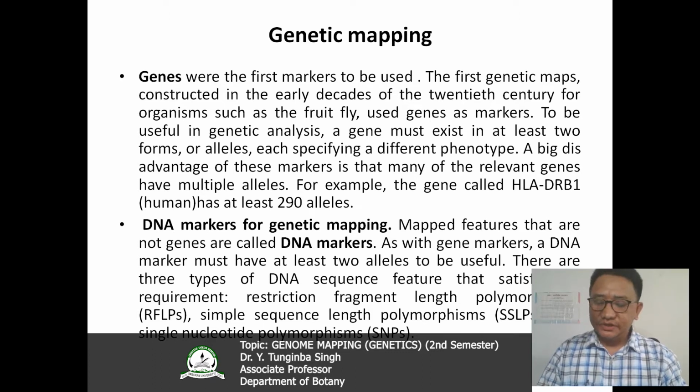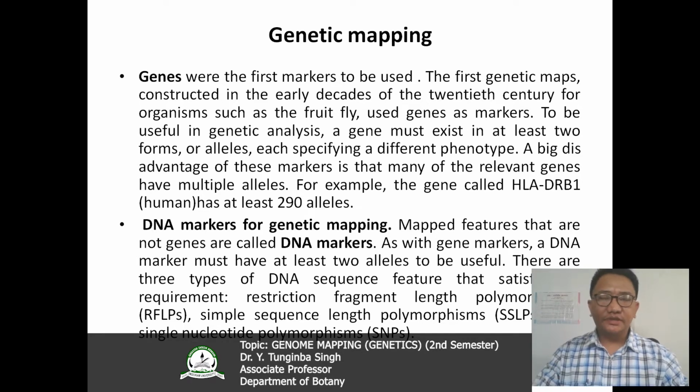But the first genetic maps, in the early decades of the 20th century, were made using genes as markers. Then came the era of DNA markers. All the map features that are not genes are DNA markers.